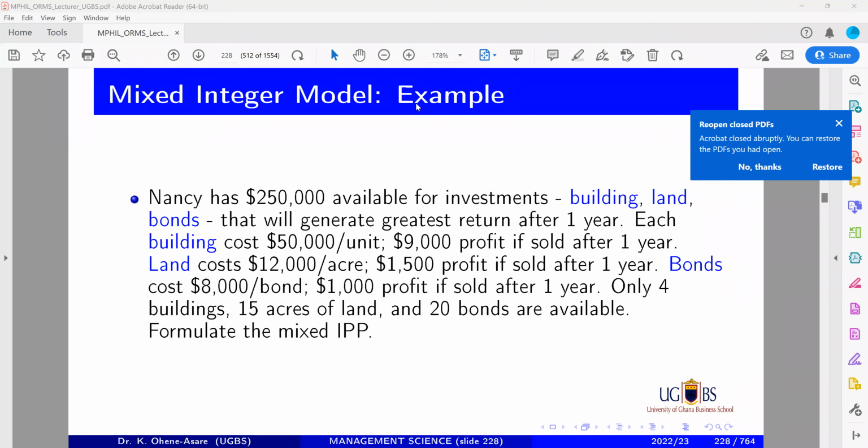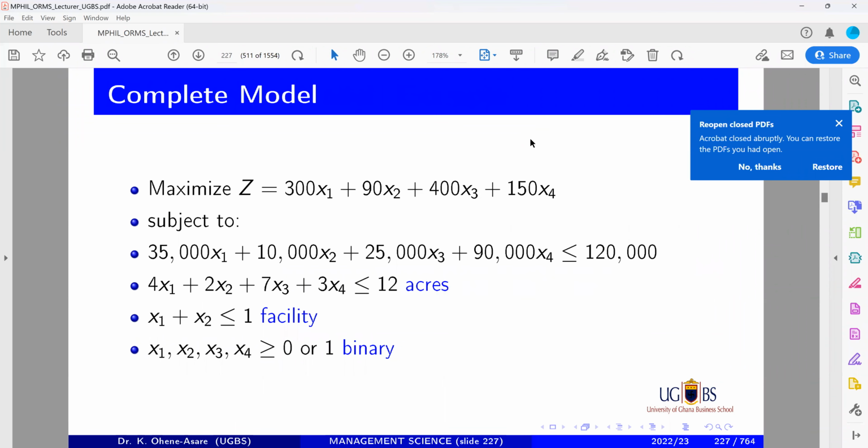Yes, sir. Concerning the non-negativity constraints and the binary constraints we're combining, I just wanted to find out whether that is also going to be constant as far as we know that we are dealing with binary, the way you've written it at the bottom, that x1, x2, x3, x4 is greater than or equal to 0 and 0 or 1.